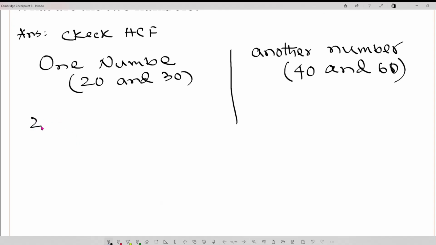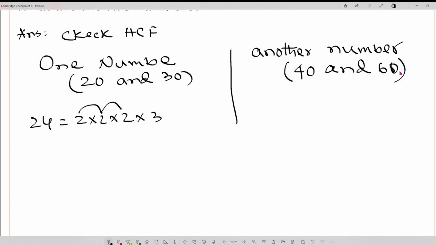Now look, this is 24. We can write 24 with prime factorization: 2 times 2 times 2, 2 times 2 is 4, 4 times 2 is 8, 8 times 3 is 24, right?